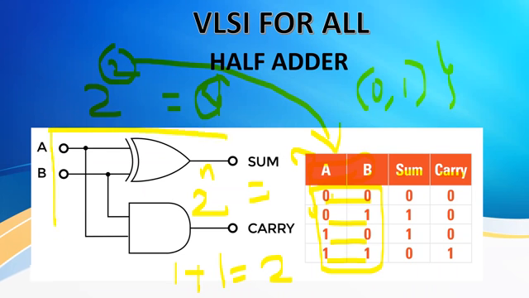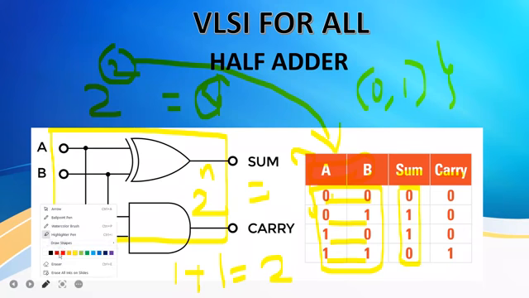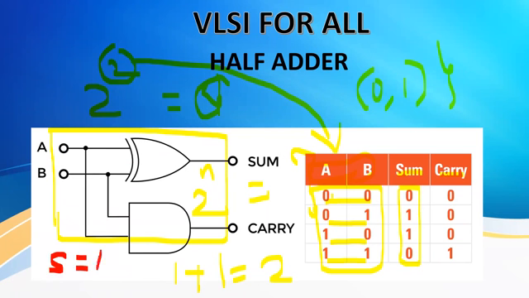This represents the circuit. For sum, this refers to the equation sum is equal to A XOR B, and carry is equal to A and B. How do we decide it as A, B, carry?